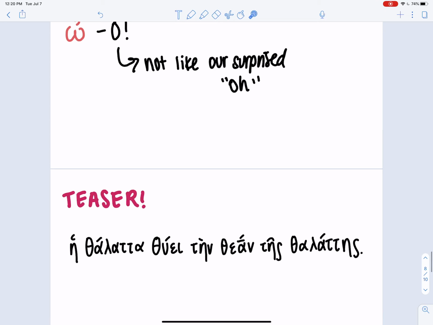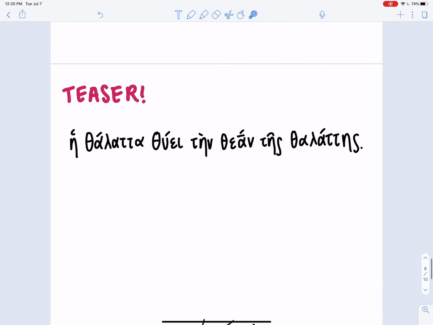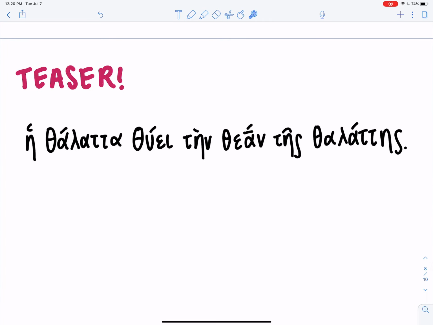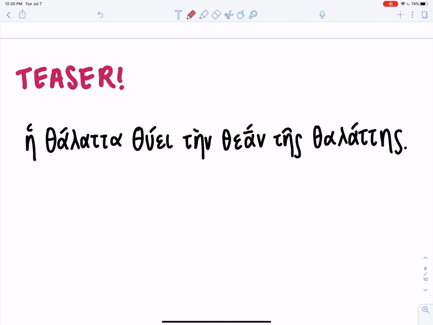Okay, the last thing we're going to do is our teaser. This is just one quick sentence, and let's just get into it. Okay, so our subject is thalata, and we have that definite article before it. So, he thalata, or thalata technically.